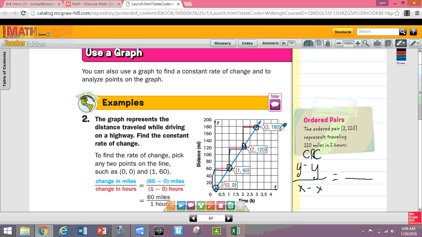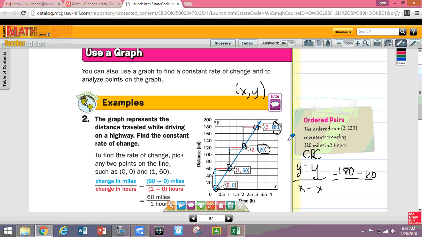So I'm going to do my change in y. This is an ordered pair, you should know this, x, comma, y. So the second number is your y. So I have to do 180, because that's my y, right here, 180, minus my second y, 120.